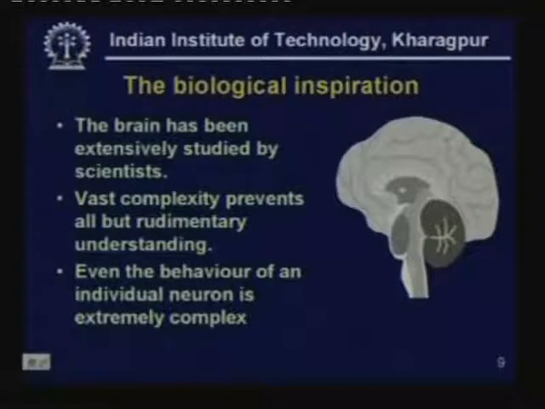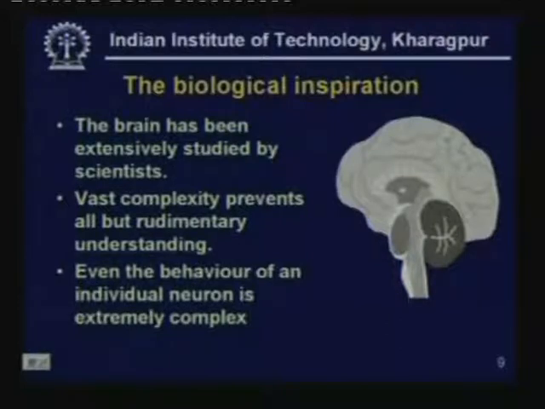In the beginning lectures we looked at some such tasks, for example, computer vision, image recognition, speech, language understanding, and so on. Many scientists, cognitive scientists, psychologists and others have extensively studied the brain in humans and some other animals. But like many other biological structures and functions, it is a very complex unit, and it is very difficult to understand the brain completely.